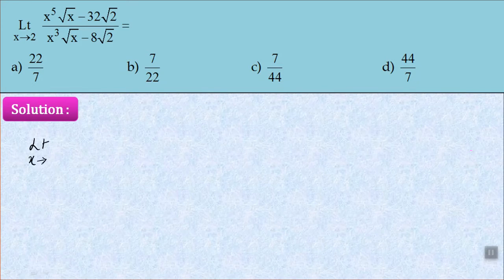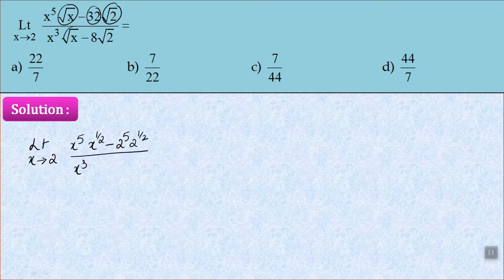Limit x tends to 2, x power 5 root x can be written as x power 1 by 2, minus 32 can be written as 2 power 5 into root 2 can be written as 2 power 1 by 2, divided by x cube into root x can be written as x power 1 by 2, minus 8 can be written as 2 cube into root 2 can be written as 2 power 1 by 2.